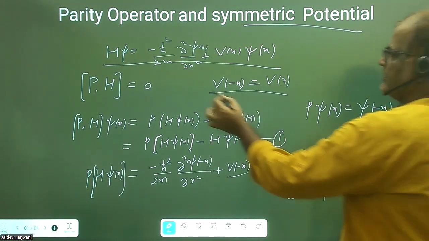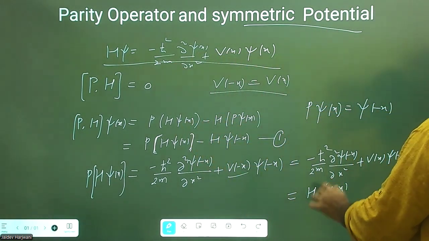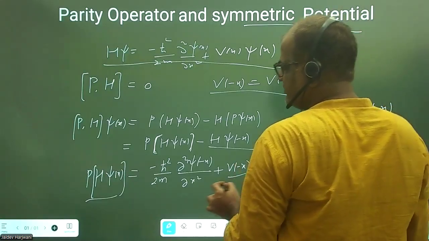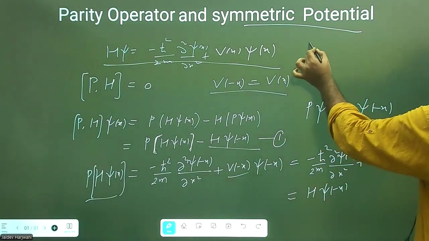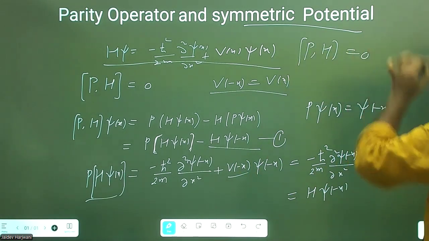So this equation suggests that the Hamiltonian is now operating on psi(minus x). Now this is equal to this, which suggests that my parity operator commutes with the Hamiltonian.